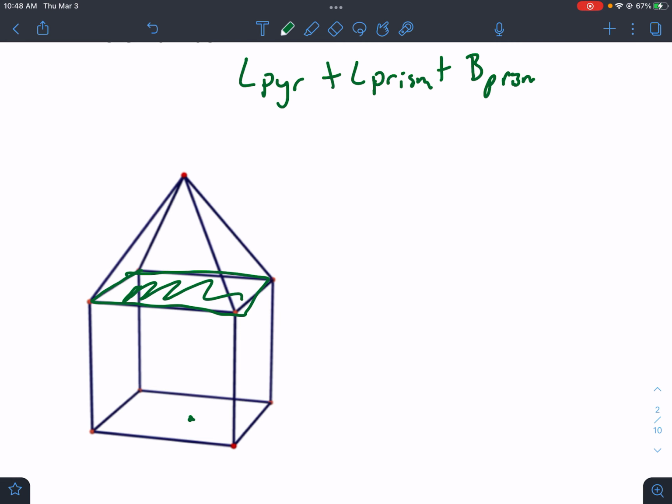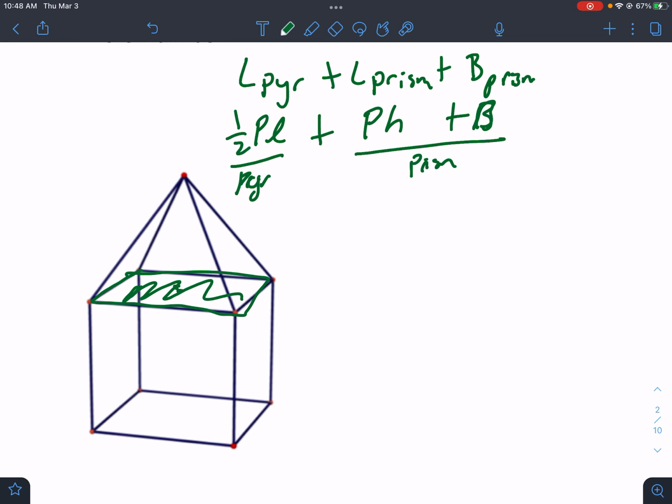This base on bottom is the only one that's an actual surface. This top base of the prism, not a surface. So I'm not going to do pH plus 2b. I'm going to do pH plus 1b. So my formula here is going to be 1/2 PL for the pyramid plus pH plus 1b. This is going to be on the pyramid. This is going to be on the prism.